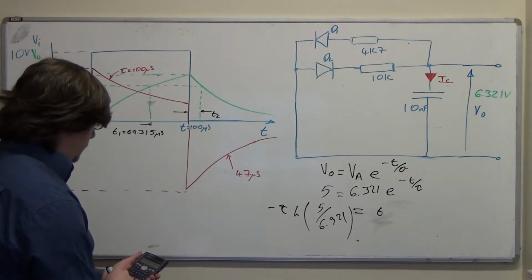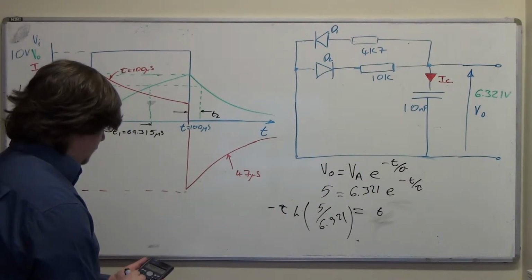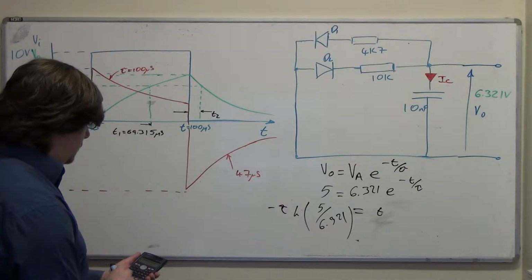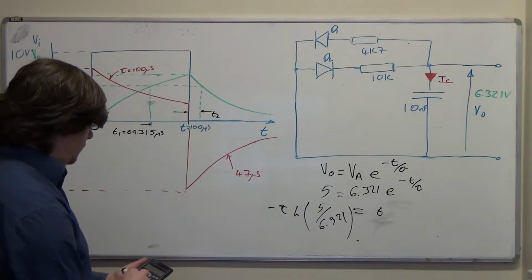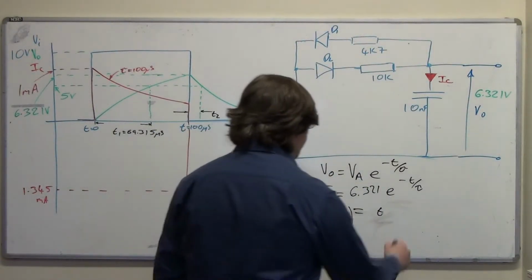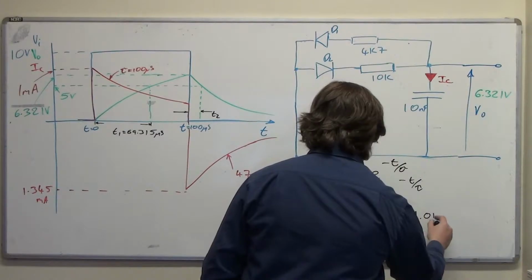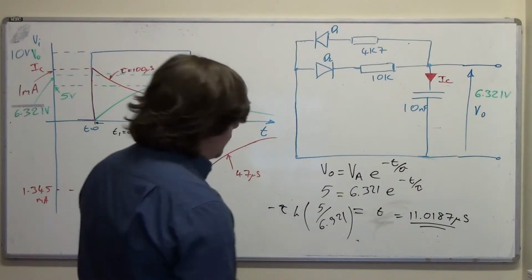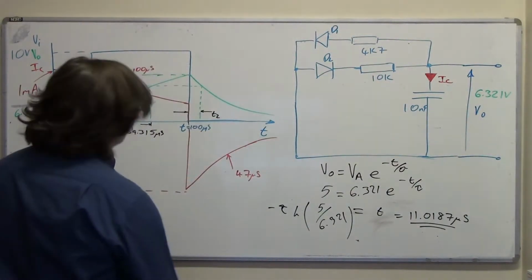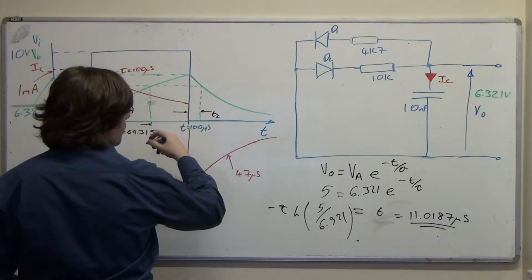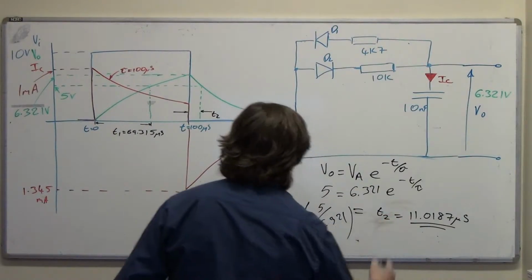So we've got minus 47 e minus 6 times the logarithm of 5 over 6.321, and it's 11.0187 microseconds. So that's T2, which is this one here. I'll just write T2 there and be done with it.